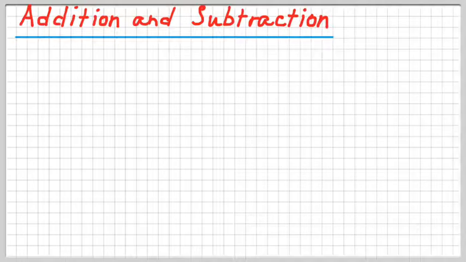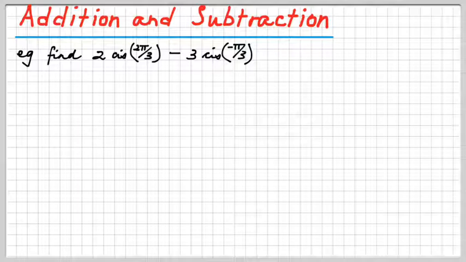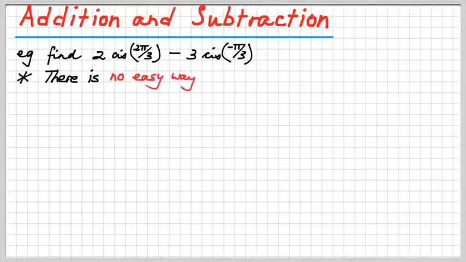Now, the first thing we're going to cover here is addition and subtraction if they're in modulus and argument form. Now, this is the one situation where they're not very useful at all. If you have to add or subtract complex numbers which are in modulus, argument, or polar form, then don't bother. Put them in Cartesian form, and then you can do it easily.